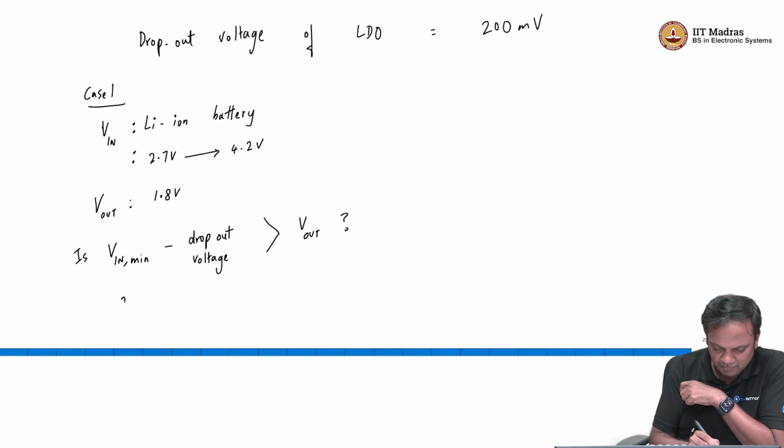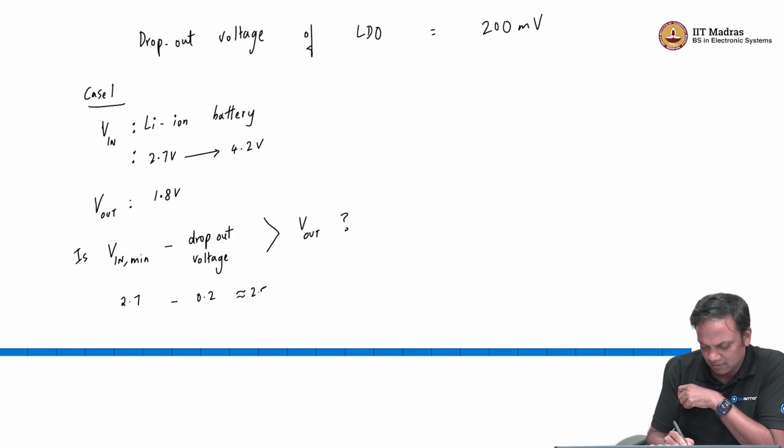What is V in minimum? 2.7 volt. Dropout voltage is 200 millivolt or 0.2 volt, which is above, equal to, which is greater than 1.8 volt.